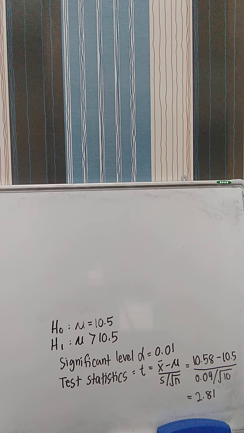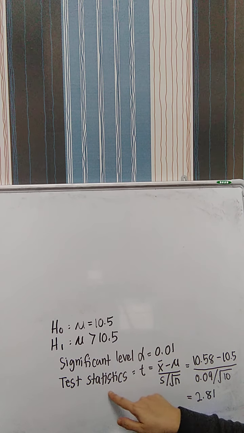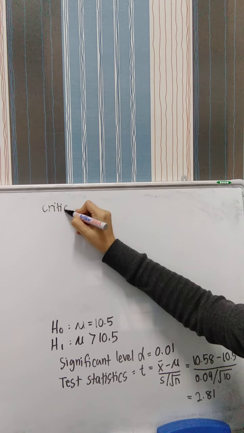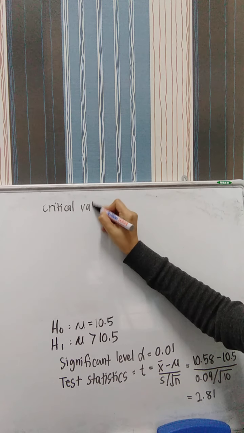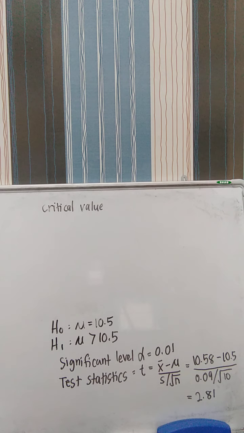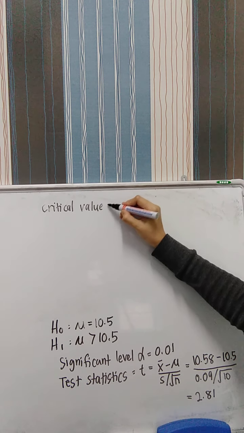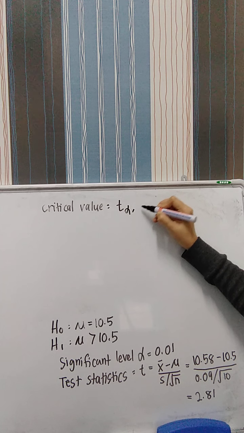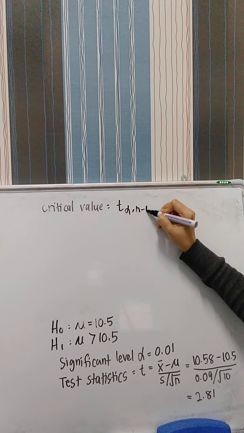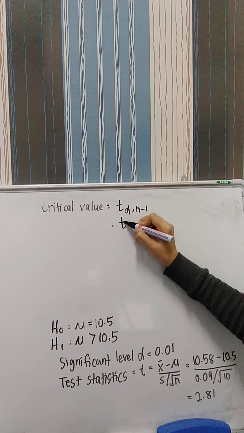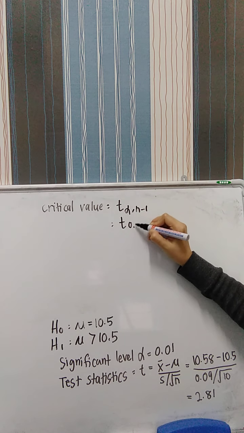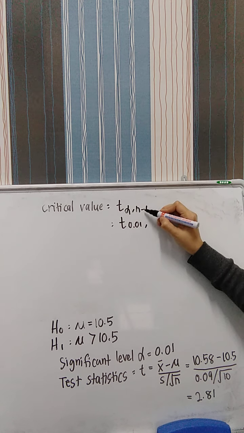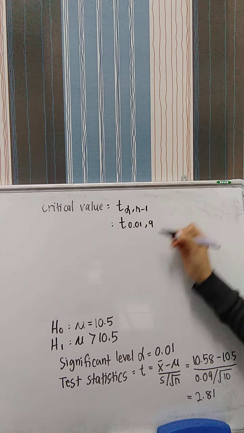Okay, the next step after the test statistic is to find the critical value. For the critical value, t alpha, n minus 1. So t 0.01 and your n is 10, so 10 minus 1 is 9.